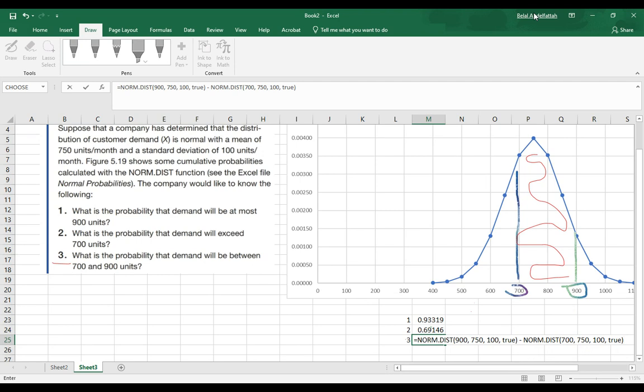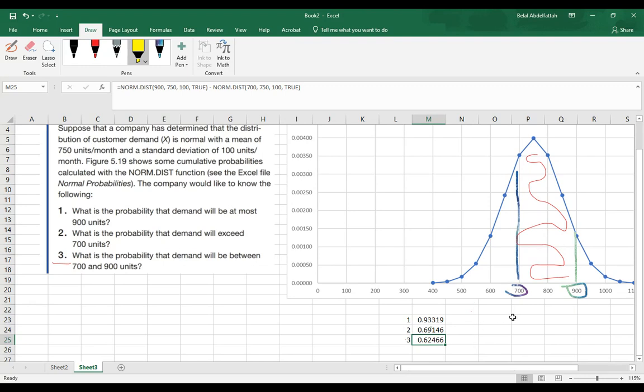So this is what I would want to put in my cell to calculate the probability for between this unit and that unit. So when I hit enter, 62.46% probability. So the probability that the demand will be between 700 and 900 units is this.